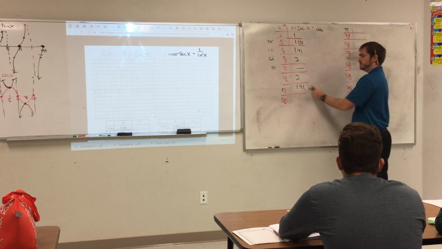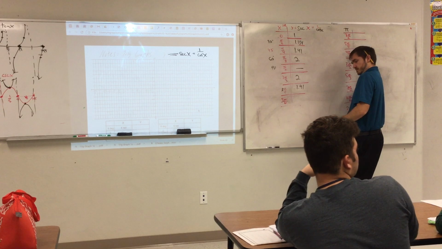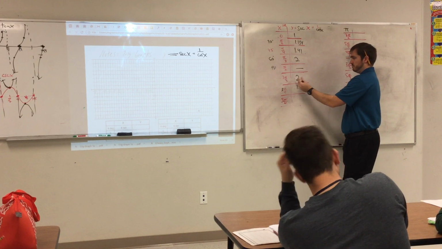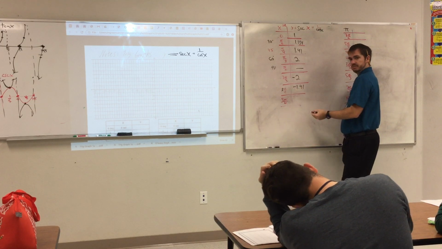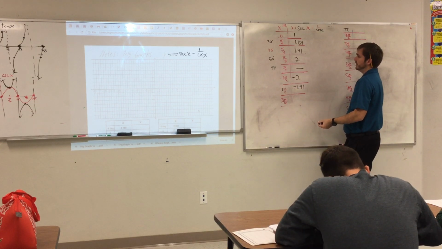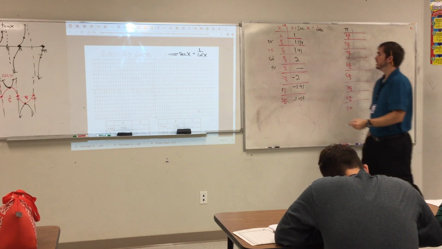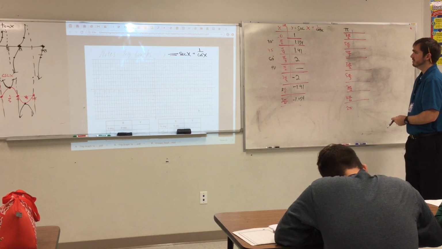Okay, 1.4, yeah, that's for pi over 4. Isn't it negative? Yeah, negative, sorry. They're both negative. And then is this one negative 1.154? Okay. Pi?